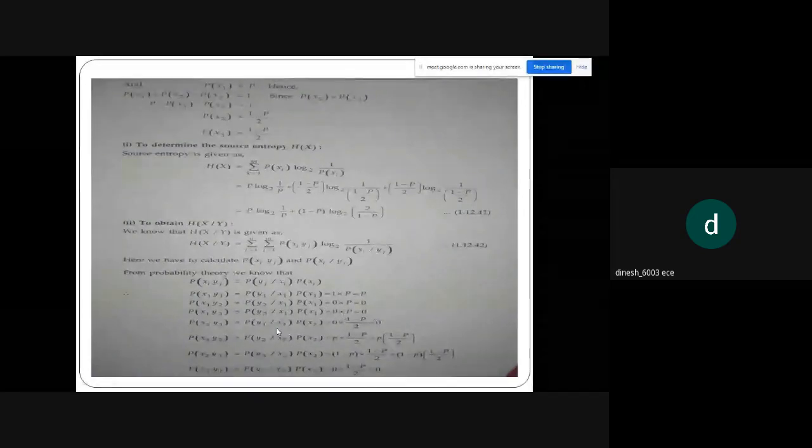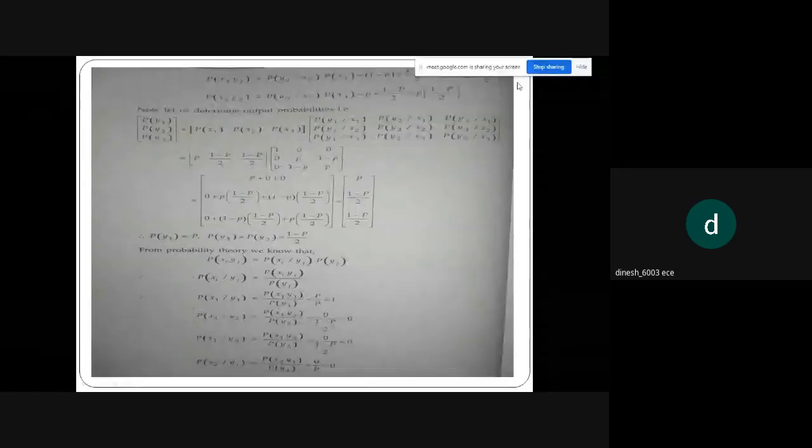And for the next, y1 over x2 into P of x2 is 0 into 1 minus P by 2, which is equal to 0. You can refer P of x1, P of x2, P of x3 here, and P of y1 over x1, all in this channel transition matrix. So simplify, we get values.